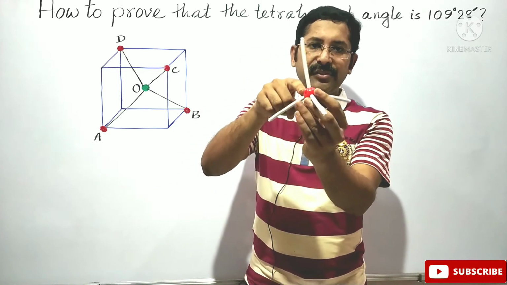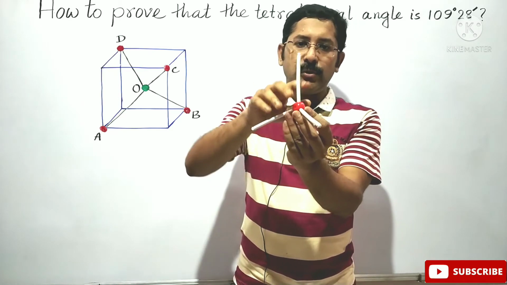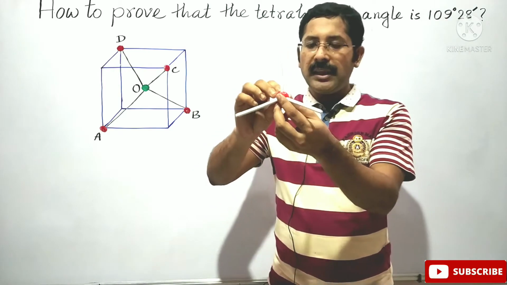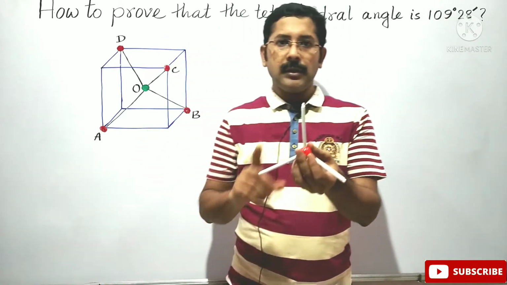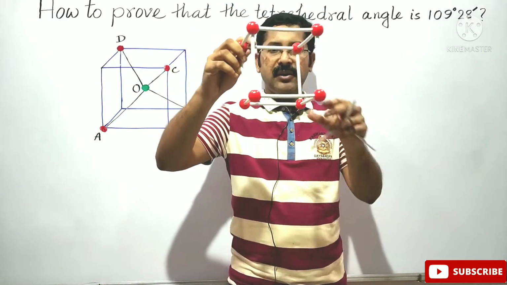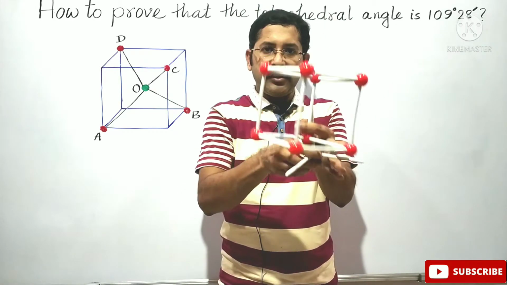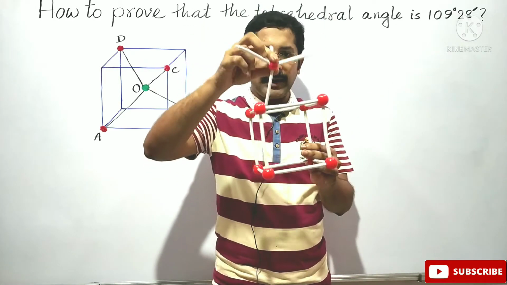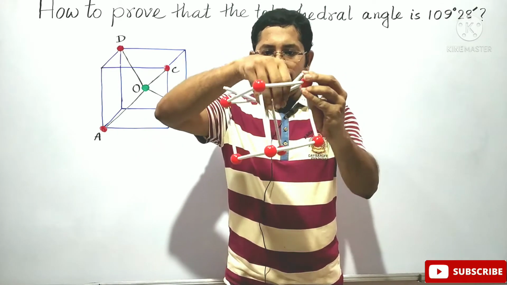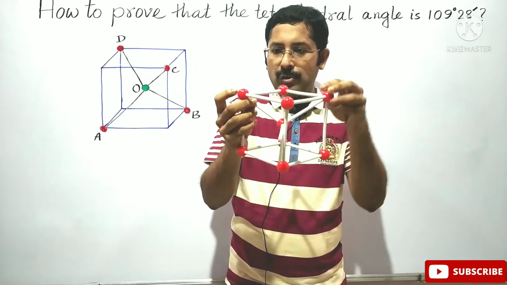Look at here, this is the central atom of this tetrahedral geometry. Around this central atom the geometry is tetrahedral, right? So this is your cubic structure. It is a cube, and if we place this tetrahedron into the cube, look at here, what will happen?